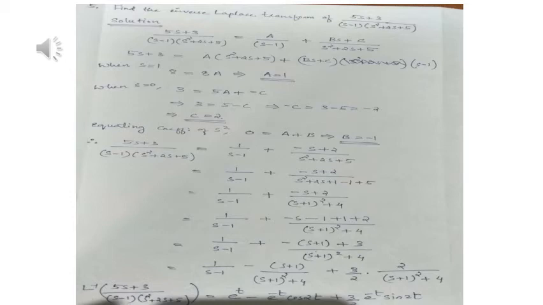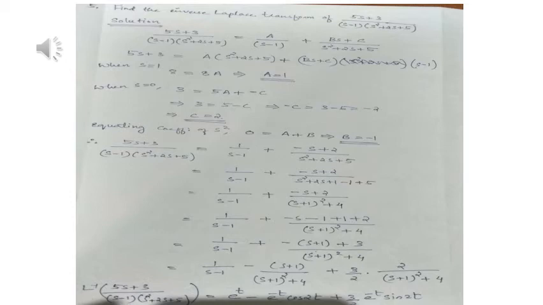So in order to bring s + 1, we are adding a 1 and subtracting a 1. Since here it is minus s plus 2, we can do minus s minus 1 plus 1 plus 2. So taking minus common, it is s + 1, so (s + 1) + 3. So minus of (s + 1) + 3 divided by (s + 1)² + 4.